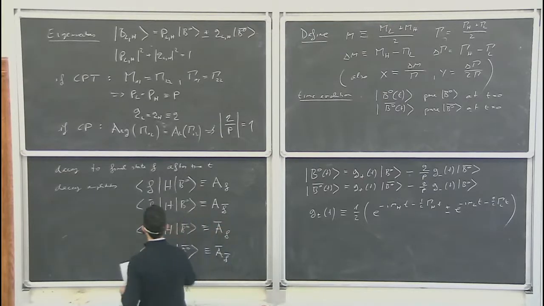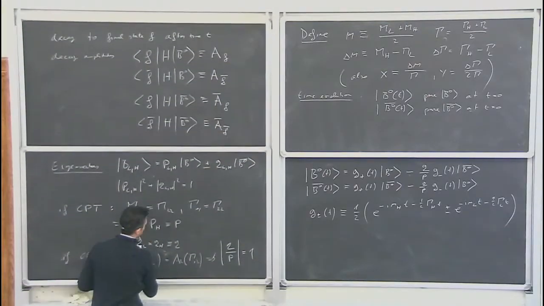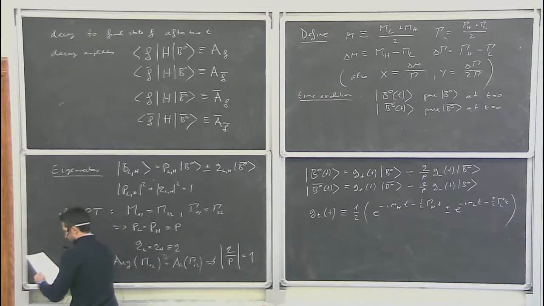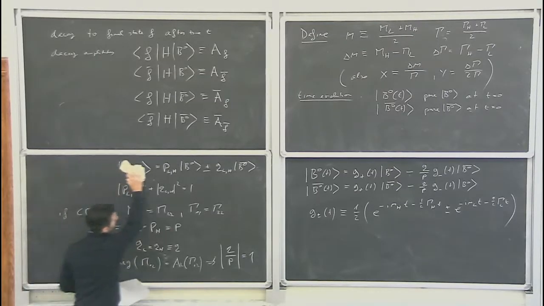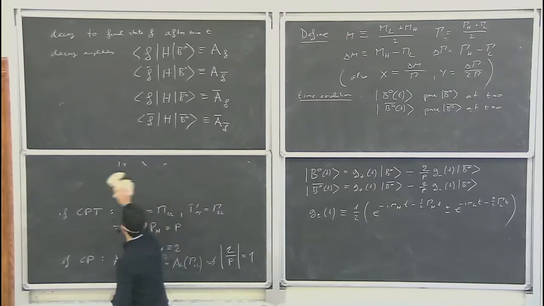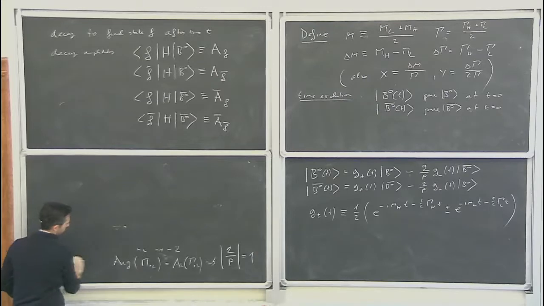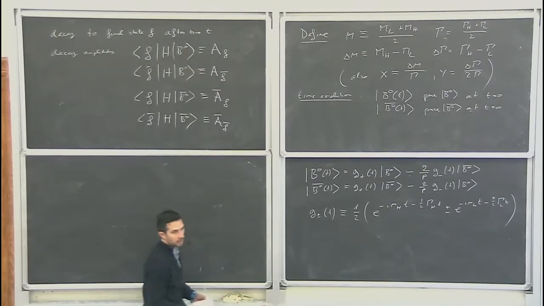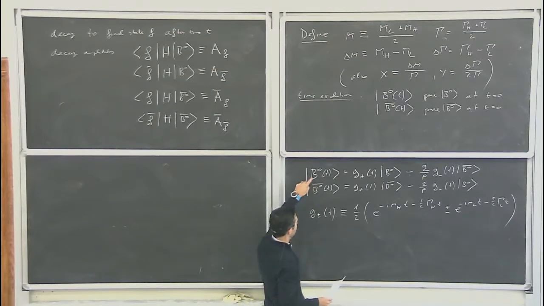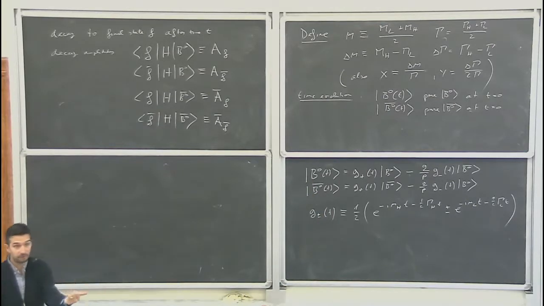So now I can write down a time-dependent decay rate of a state which started out at time equals 0 as a B or a B bar, and then decays to a final state f or f bar after some time t.